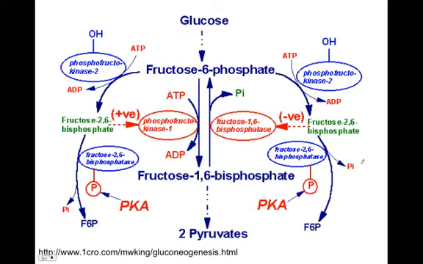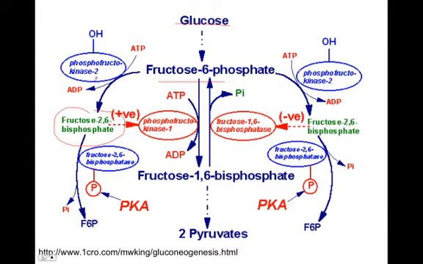The regulation by fructose 2,6-bisphosphate is again shown here. In the case of high levels of glucose, such as in the fed state, fructose 6-phosphate can be converted to fructose 2,6-bisphosphate by the enzyme phosphofructokinase 2.